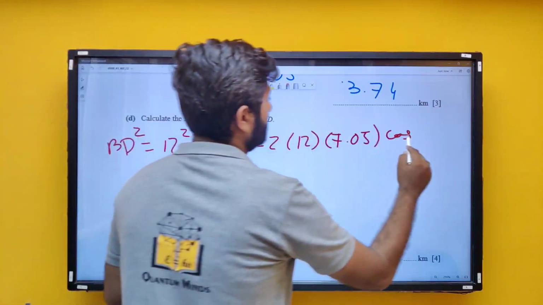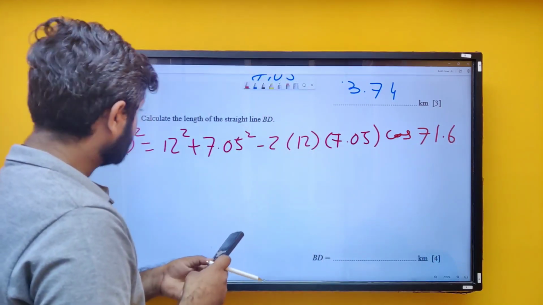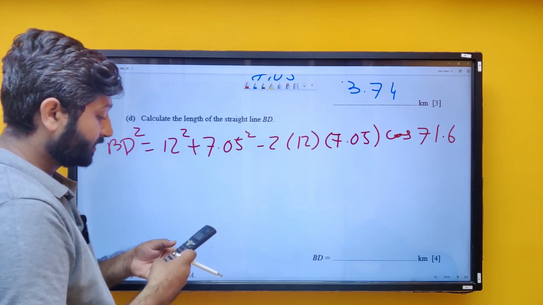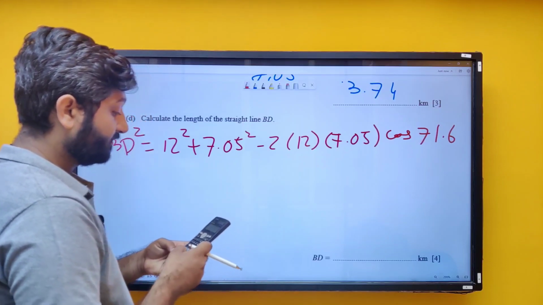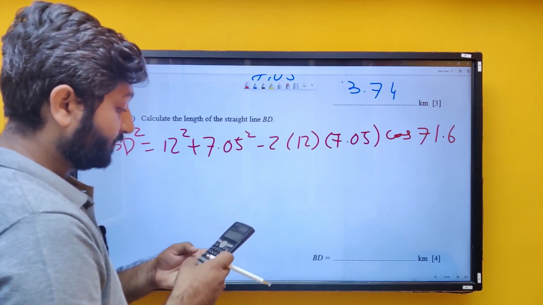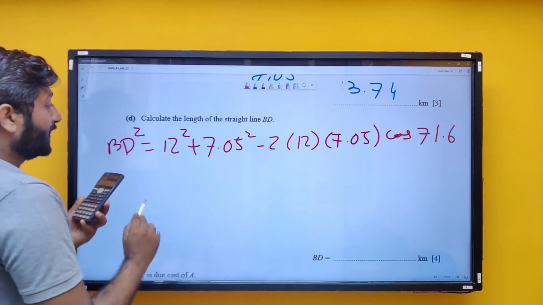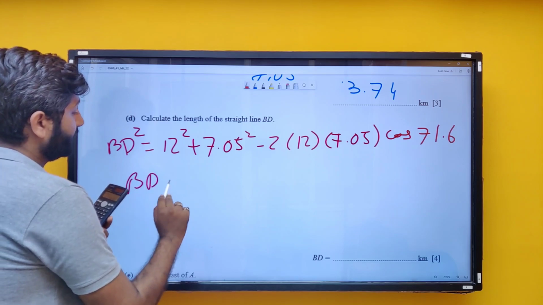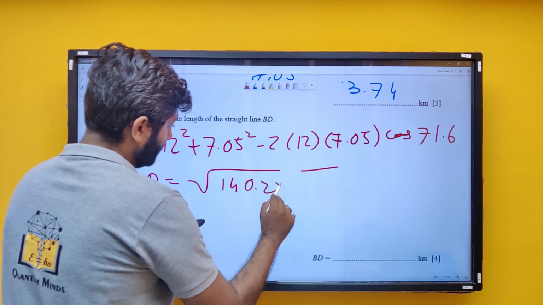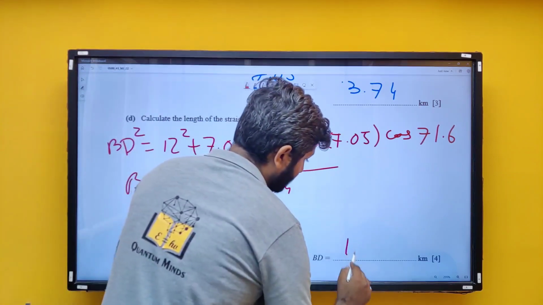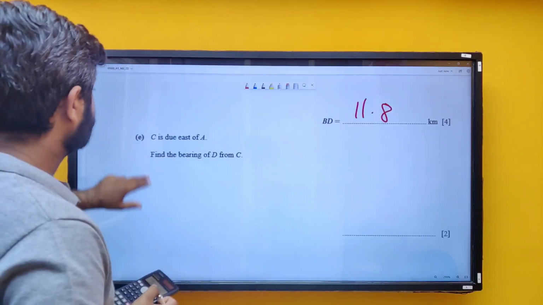So 12 square plus 7.05 square minus 2 into 12 into 7.05 into cos 71.6, and the root of the answer is going to give me 11.8. BD is the root of the answer. The root of 140.294 is 11.8 kilometers. Right? Next question.